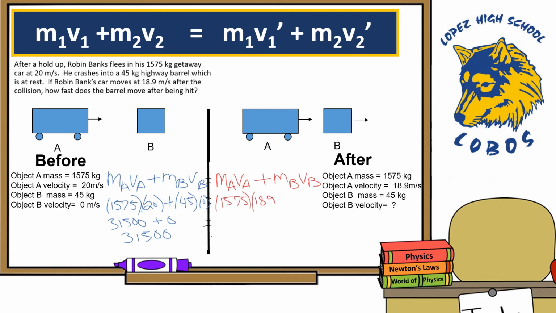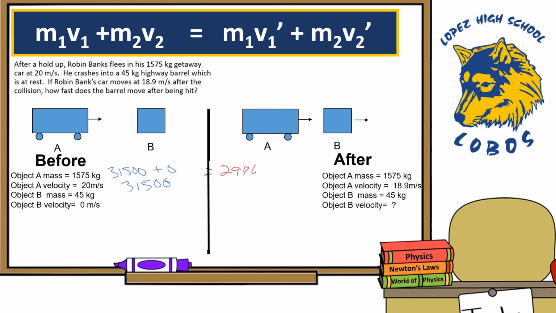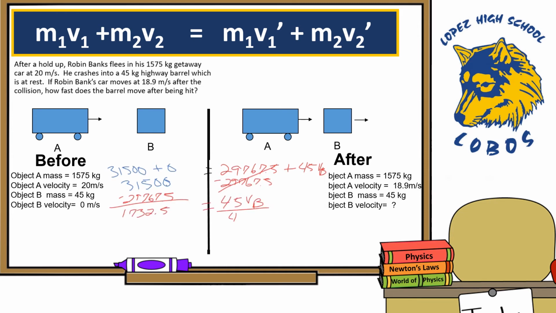So to do this, we must first figure out the momentum of object 1 after the collision, which is 29,767.5, and we add it up to the momentum of the barrel. But since we don't know the velocity of the barrel, we first have to solve it by subtracting on both sides by 29,767.5, giving us 1,732.5. And then dividing by 45, which would give us a final velocity of 38.5 meters per second for the barrel.